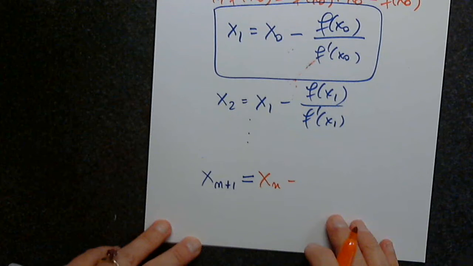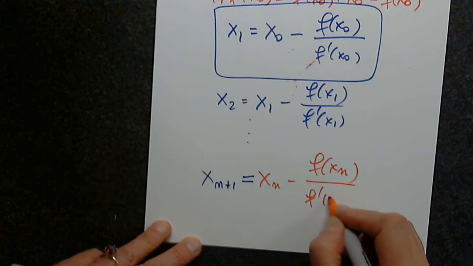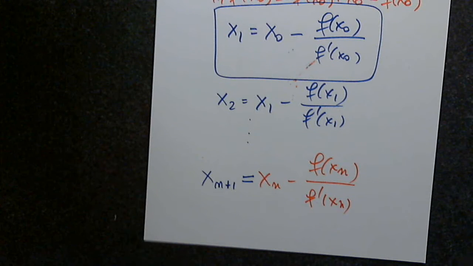X sub n minus f of x sub n over f prime of x sub n. We're not going to get to n. The method is converging very fast in 3 or 4 steps, depending on accuracy. If you want 50-digit accuracy, it may take 20 minutes. If you want 4 digits accuracy, it may take 3 steps.